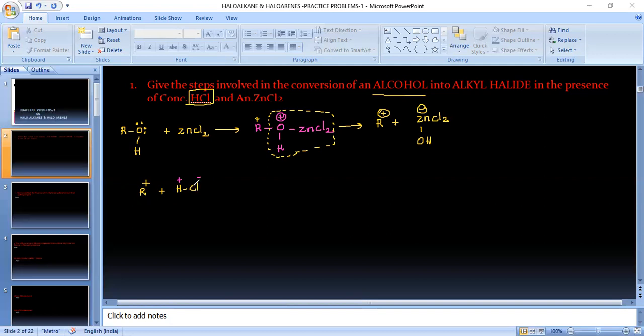Here the Cl minus attacks, with loss of H plus, as we already learnt in the previous class, combining to give RCl with loss of H plus.